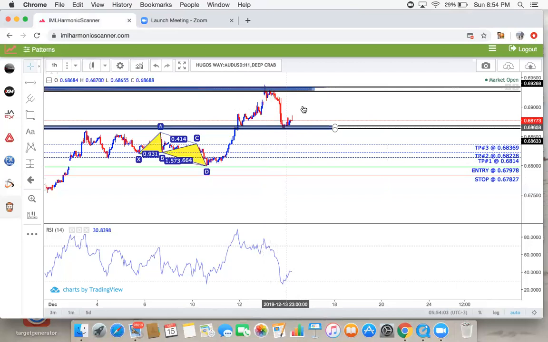Now, what determines this is two good zones. As you can see, this zone here, before it got up into this zone, it came here, and the bottom line here was actually once resistance. You can see price hits here, hits that resistance and pushes back down.